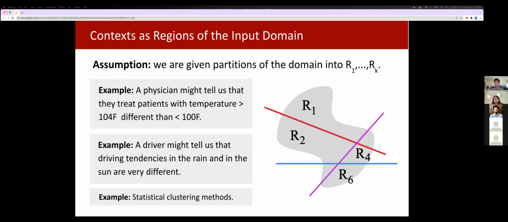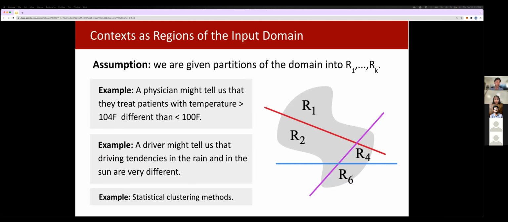So more concretely, what that means is we suppose access to a few partitions of our domain, R1 through RK. So these don't have to be complete partitions, nor do they have to be disjoint. But for simplicity, let's assume they are. And these are supposed to represent expert knowledge.